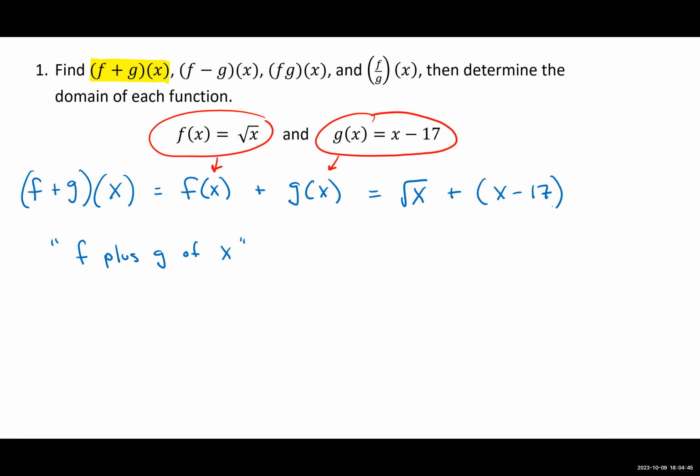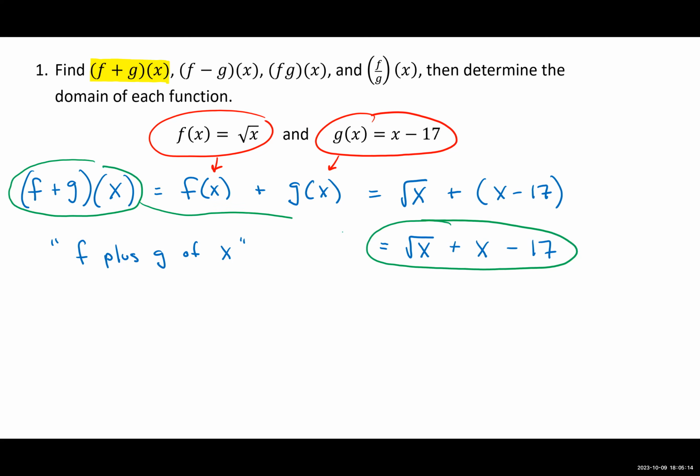Now I put the x minus 17 in parentheses initially because that's the g function, but we don't actually need those parentheses, so we could write this in a simpler way. Simpler just means using fewer symbols. In this case, square root of x plus x minus 17. There's really not much to do here in terms of simplifying the function. So f plus g of x, in this case, is the square root of x plus x minus 17.